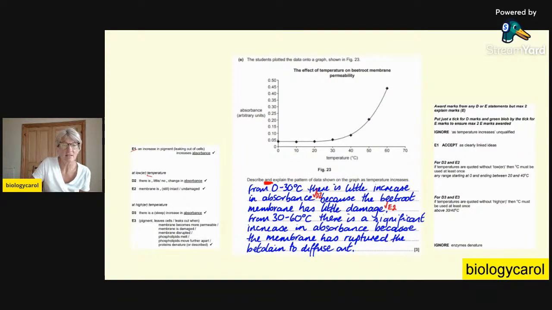At the higher temperature, there is a significant increase in absorbance because the membrane has ruptured, which disrupted. It's the same thing. So I ended up getting 3 marks. But really notice the difference between describing and explaining.